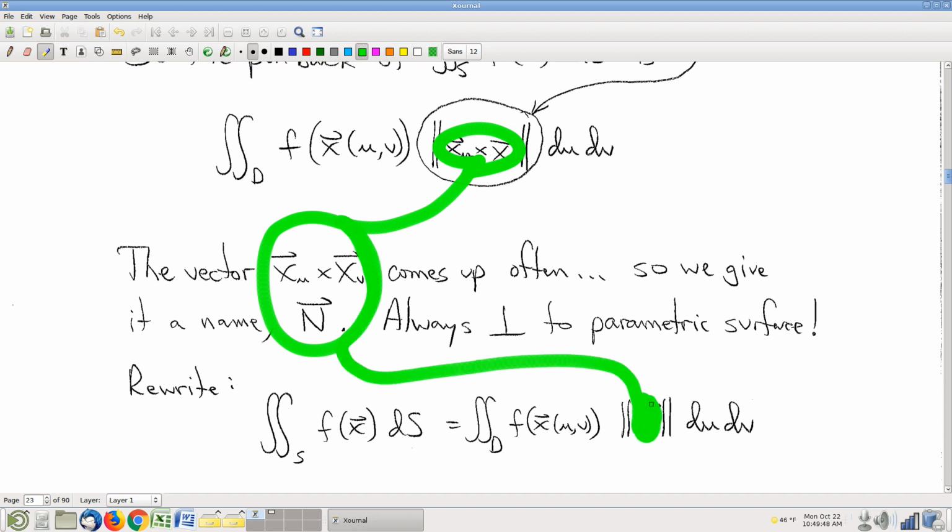So we're going to give that a name. We're going to call it capital N. This is the book's choice of notation. It's perfectly fine. I'm going to stick with that for the rest of the course. So capital N, henceforth, is xu cross xv, or the cross product of the partials of the parameterization, whatever your parameterization might be named. Okay, everybody on board?